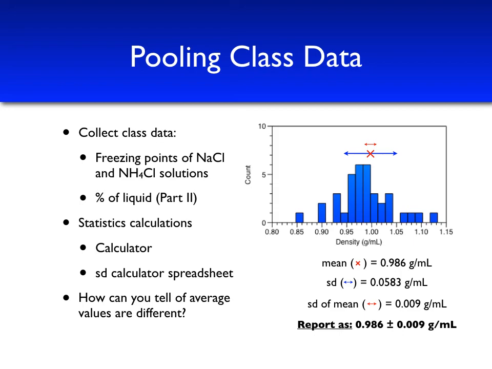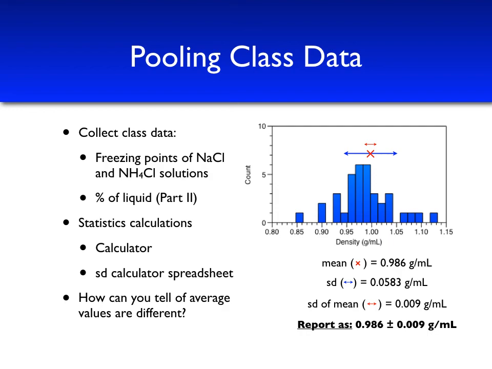Therefore, when you calculate your standard deviation using either Excel or your calculator, you simply need to take that number and divide it by the square root of the number of trials. This tells us that as we increase the number of trials, the more certain our average becomes, which is the main reason why we want to pool class data, so that we're more certain of our measured value.